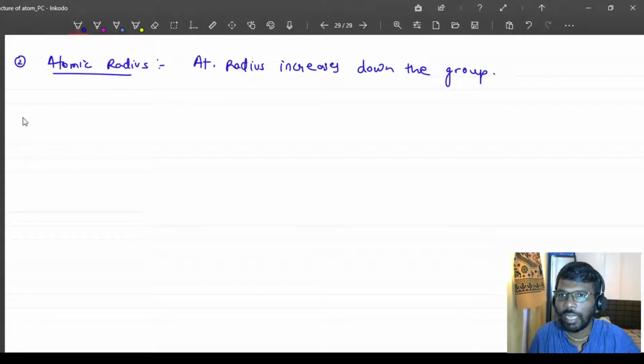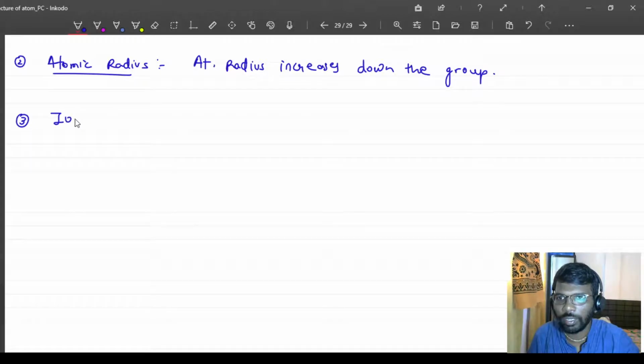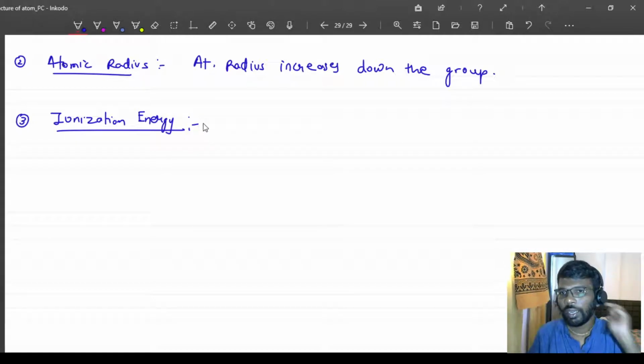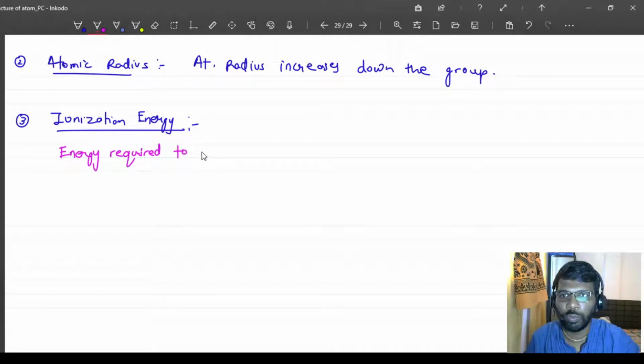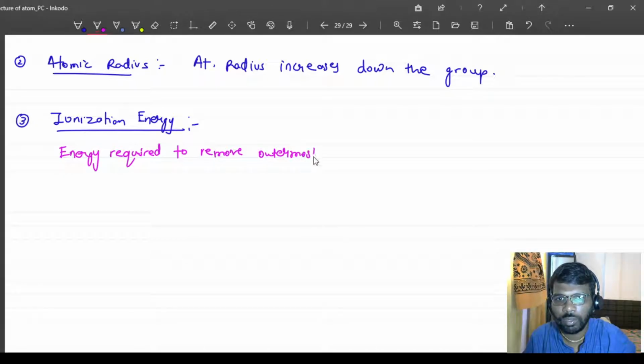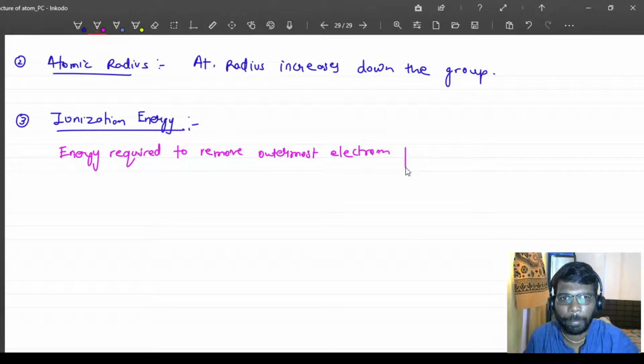Then third is the ionization enthalpy or ionization energy. Now, what is the meaning of ionization energy? It is the energy required to remove the outermost electron from a neutral gaseous atom.